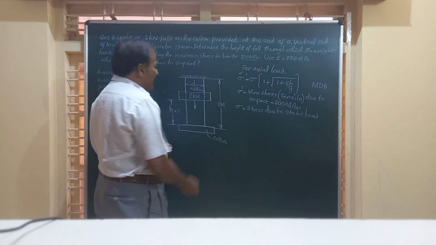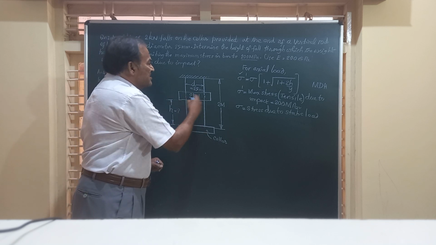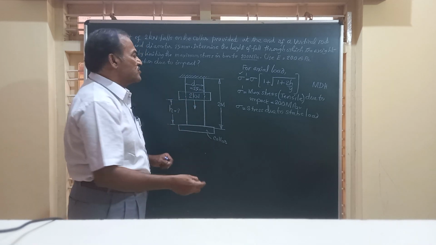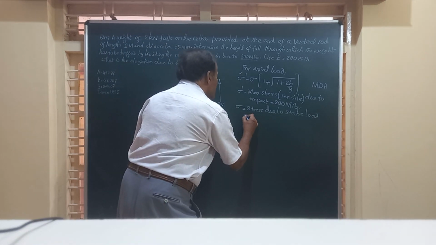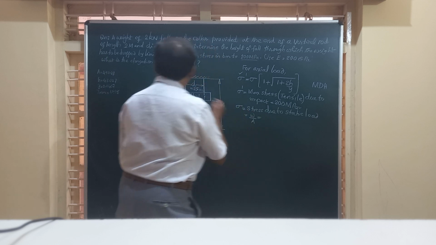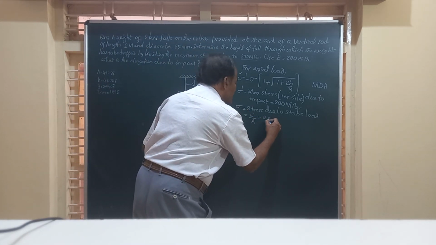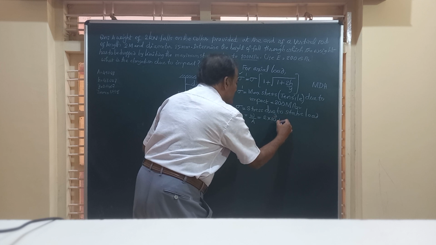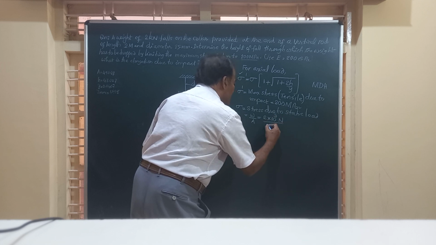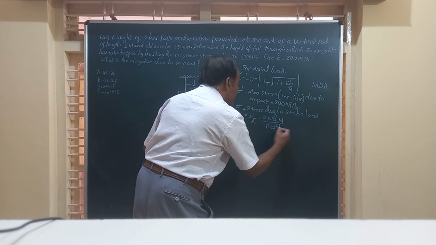So in the case of an axial load is 2 kilonewton, and area of cross section a circular rod is pi d square by 4, and I will simply call this as W by A, where W is this load which is 2 kilonewton, that is 2 into 10 to the power of 3 Newton, divided by area, which is a circular cross section, this is pi d square by 4.